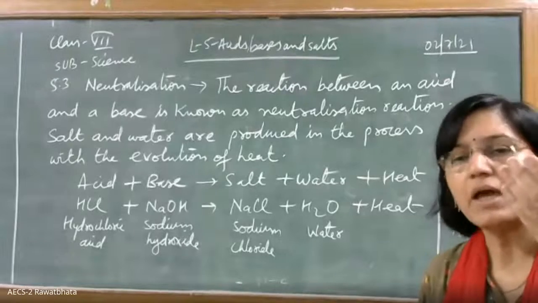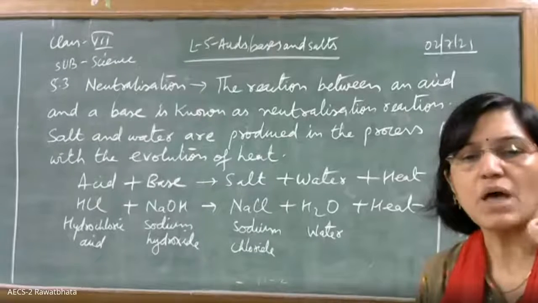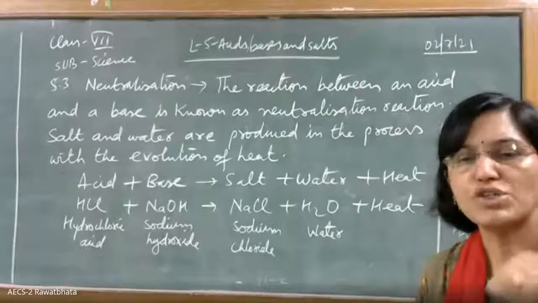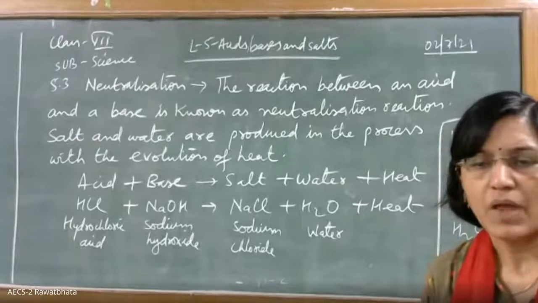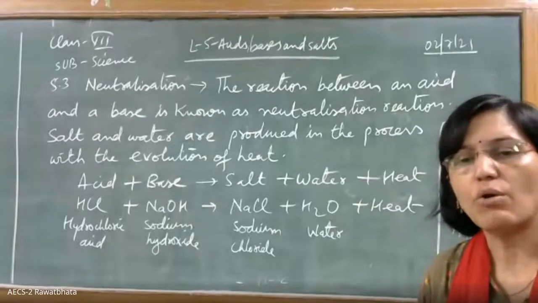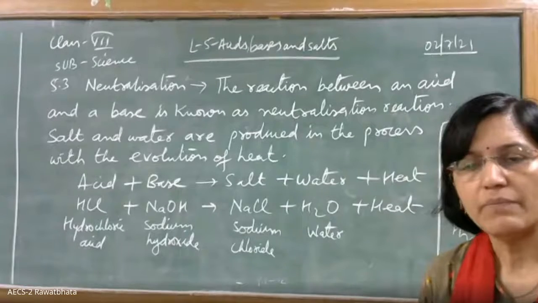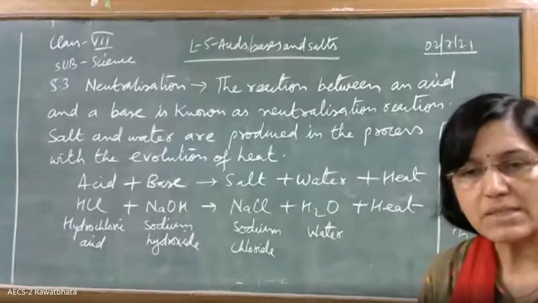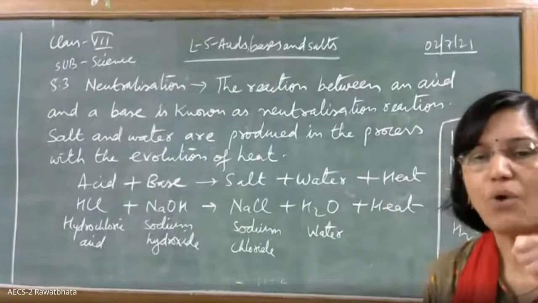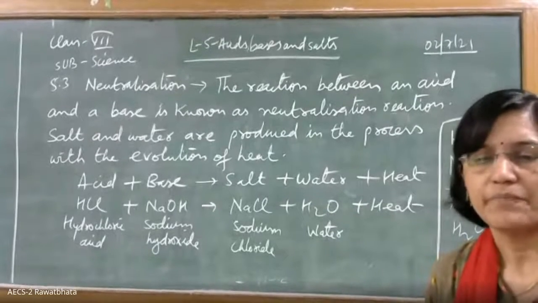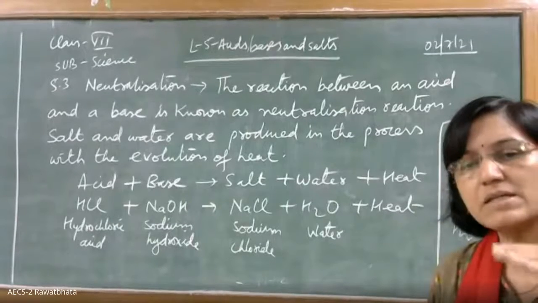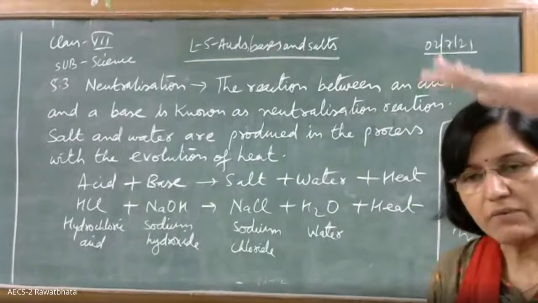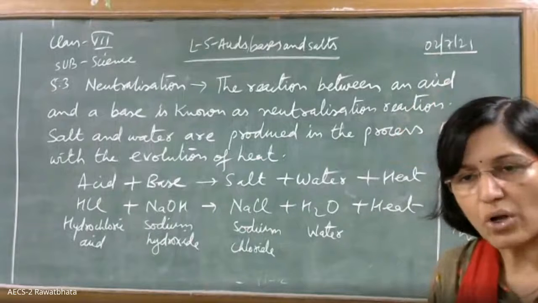And in air, you know that some amount of moisture is present. That moisture or water combines with these gases and forms acids. These acids then, whenever it rains, fall down towards the earth along with the rain.